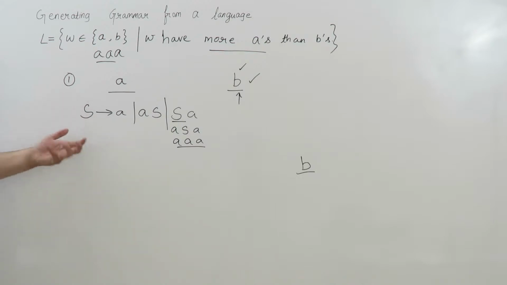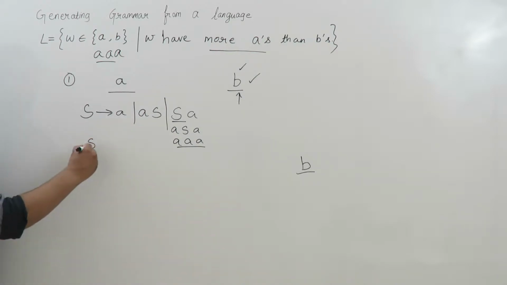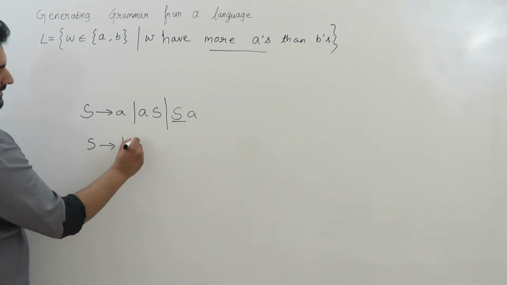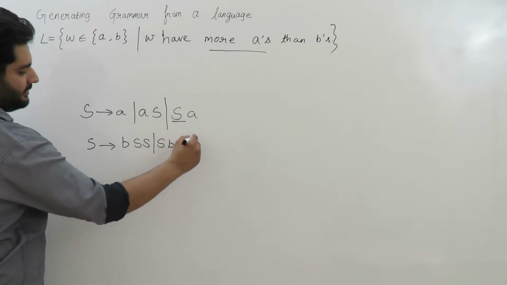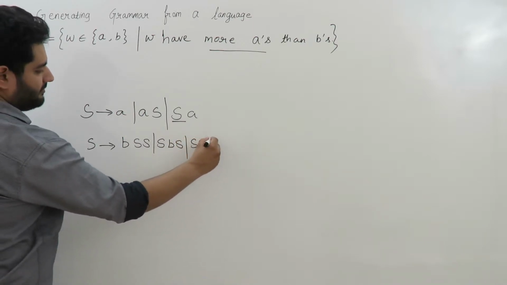Now we have to substitute some B's also. In place of some start symbol, we have to substitute some B's, because some strings should exist with B also, such that there are more A's than B's. For that we take productions like S derives BSS, SBS or SSB.